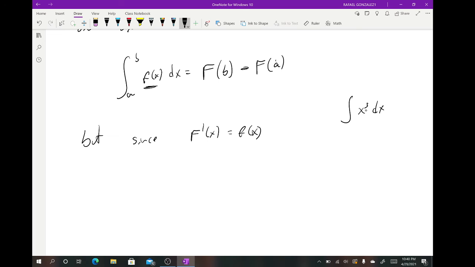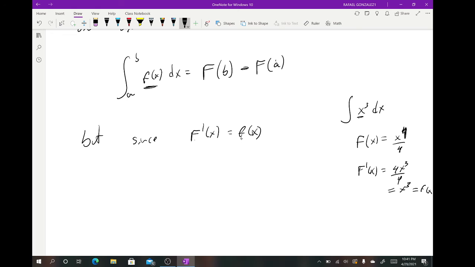What is the antiderivative of x cubed? Capital F of x is going to be equal to x to the 4 over 4. That's by the rules. And now if you take the derivative again, you're going to get 4x cubed over 4, which is x cubed. But x cubed was little f of x, meaning this right here.